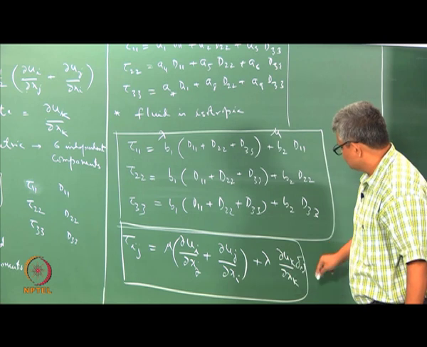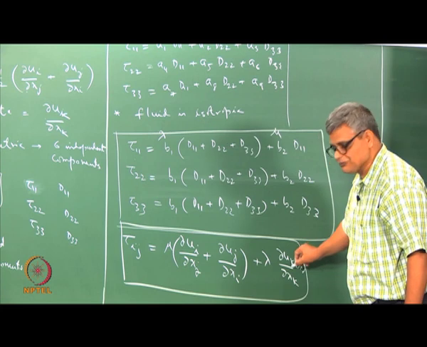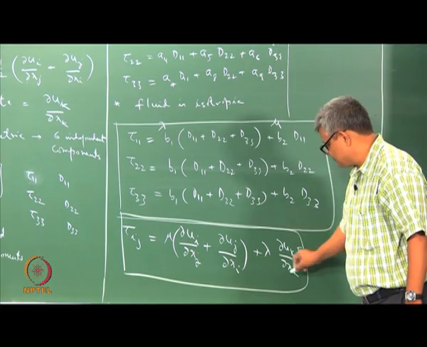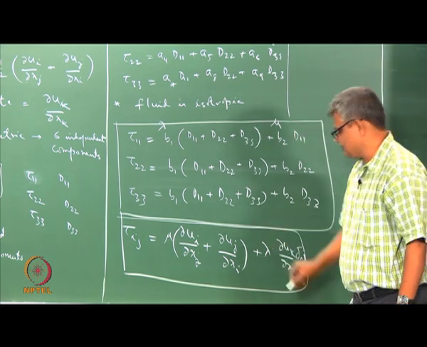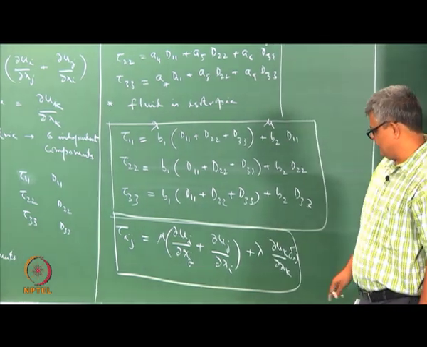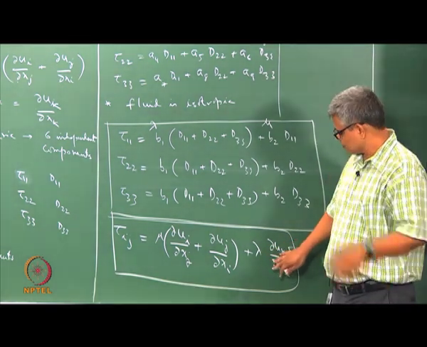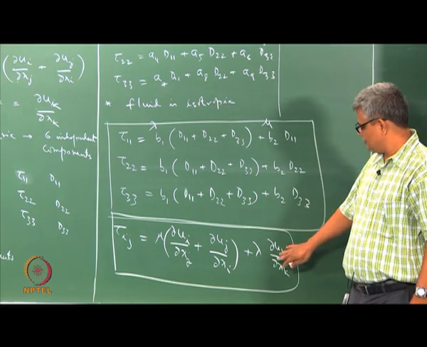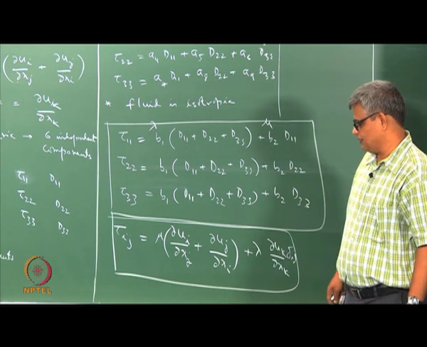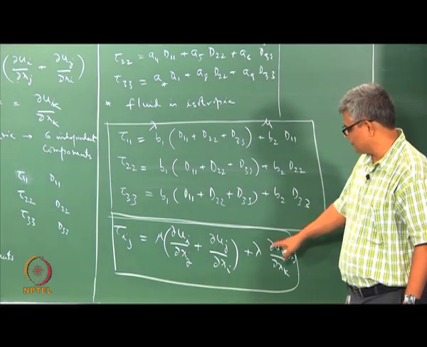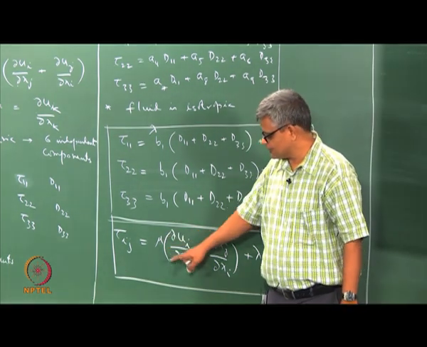Usually this particular term, dou uk by dou xk, is very small for most fluids, so this becomes negligible, and so we do not need to really know the value of lambda in most cases. This can be obtained for some simple gas species as having a certain value, but otherwise it is not possible to get an accurate estimate for this, whereas viscosity is something that can be measured.